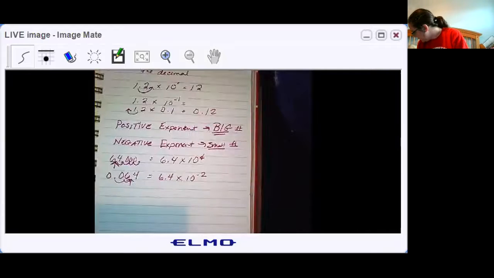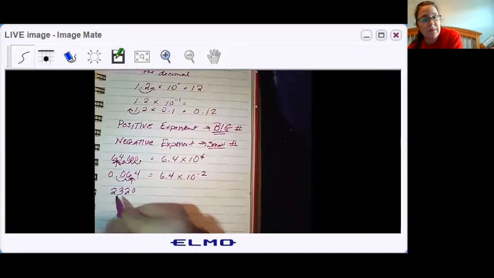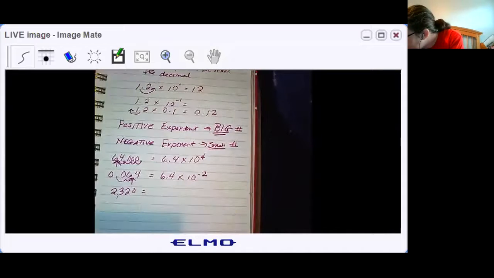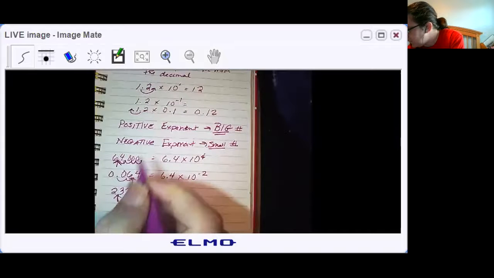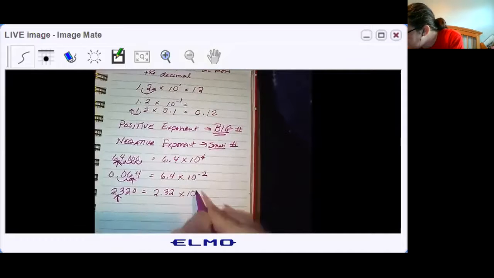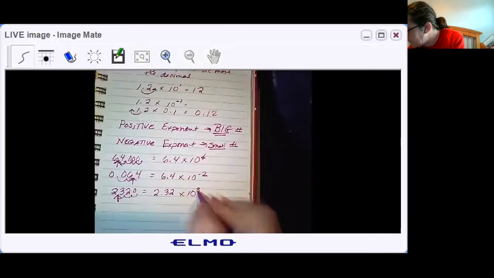So let's look at a couple more. 2,320. Where does my decimal go? Well, I want one place past the decimal. It's going right there. So I write 2.32 times 10 to the 1, 2, 3. Okay.